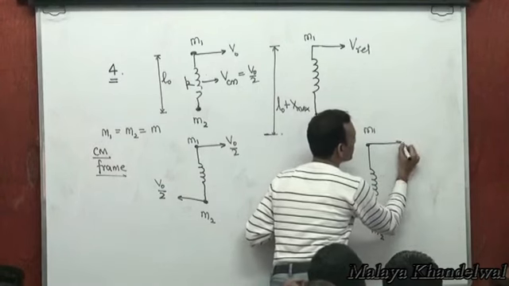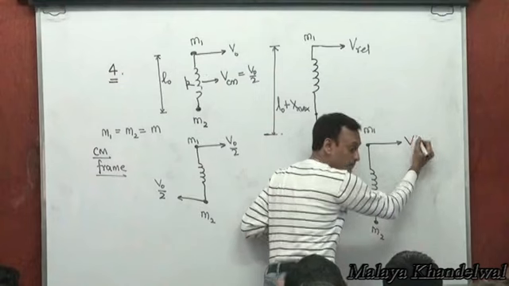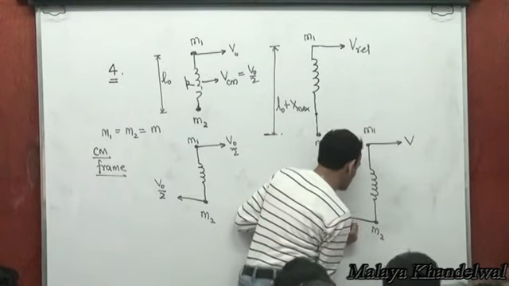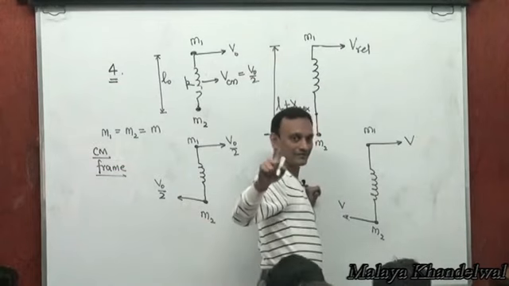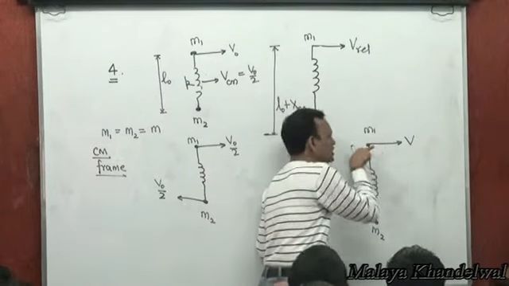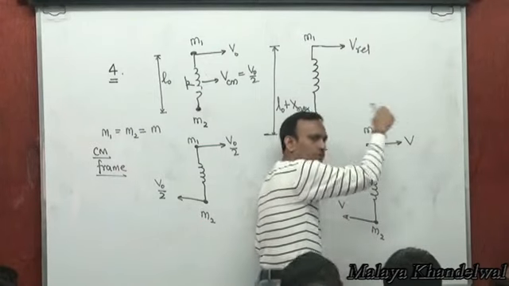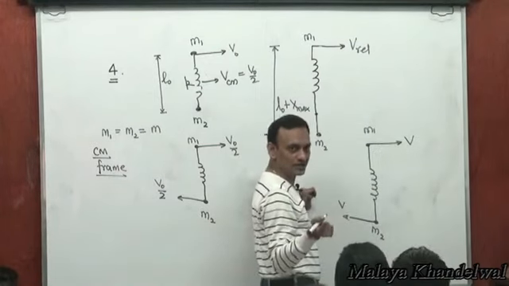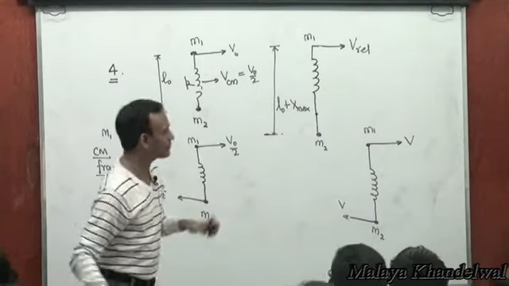Let's say at that state, v is the velocity of this mass in the center of mass frame to the right, and v is the velocity of this mass in the center of mass frame to the left. Right, so the relative velocity of these two masses with respect to each other is 2v, which is perpendicular to the length of the spring, causing the spring to elongate no further, right?